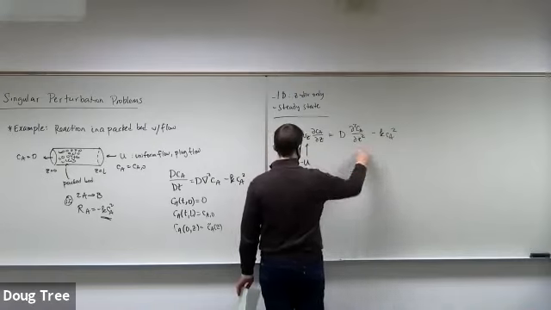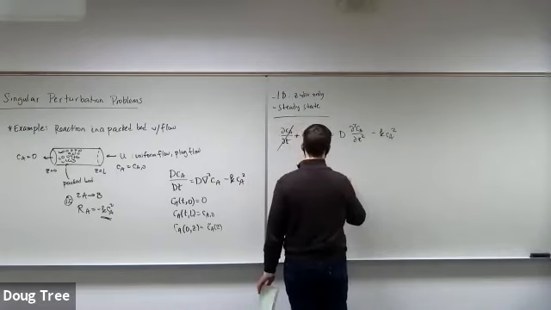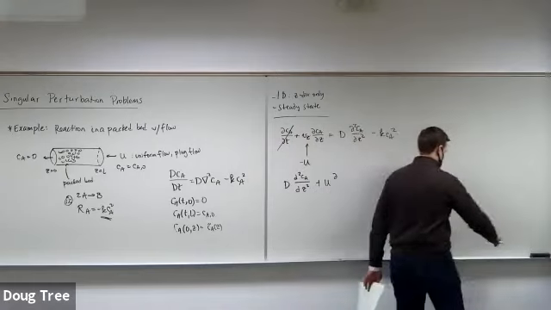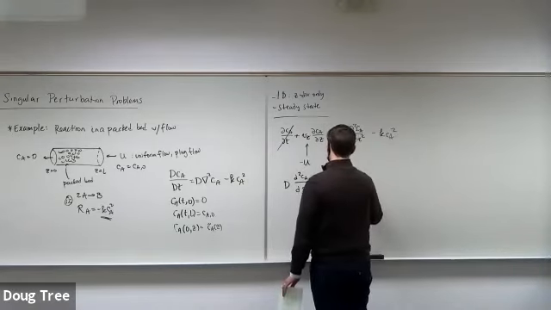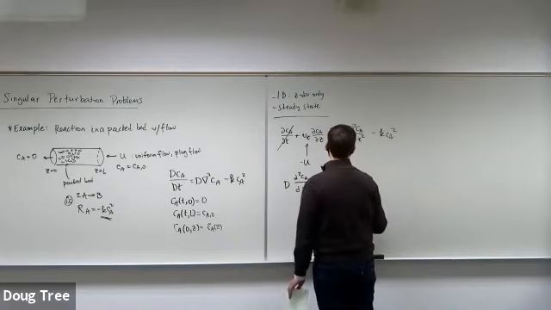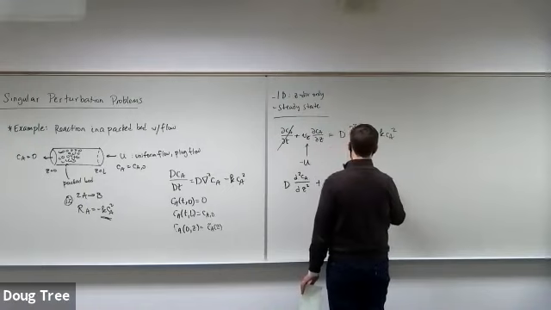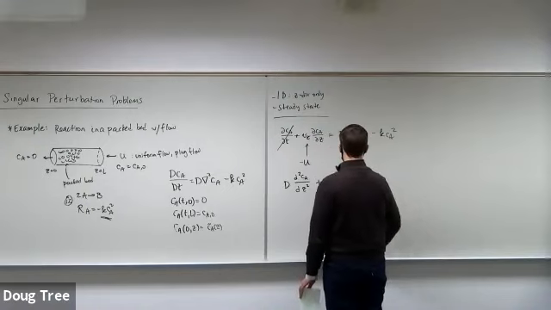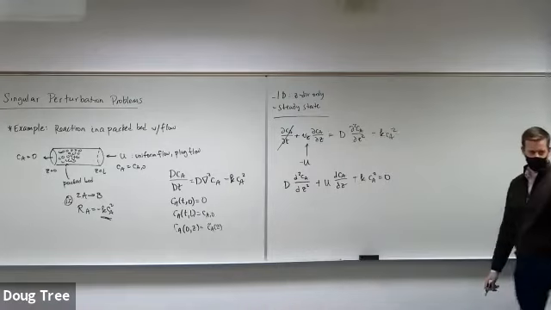And then I'm going to move that over to that side, so I'll get a plus U, full derivative, dC_A/dz, minus k C_A squared.